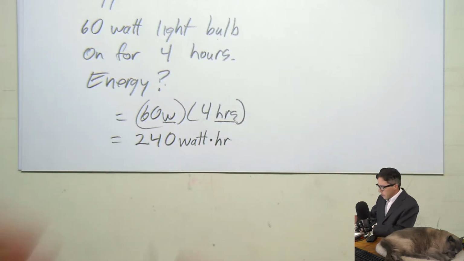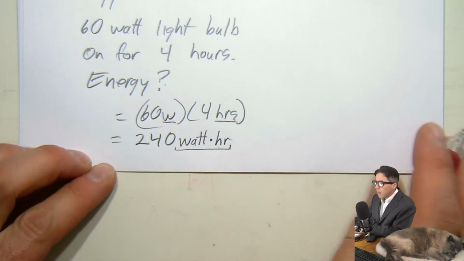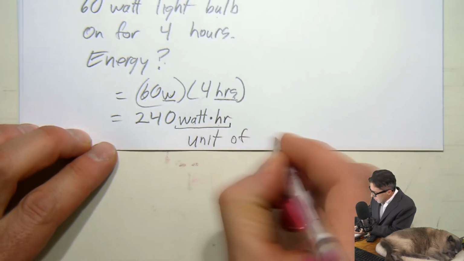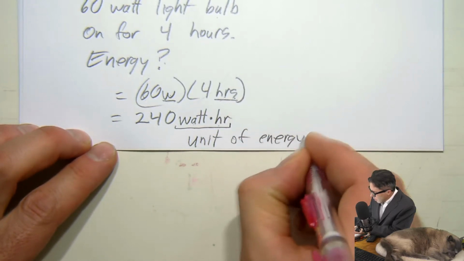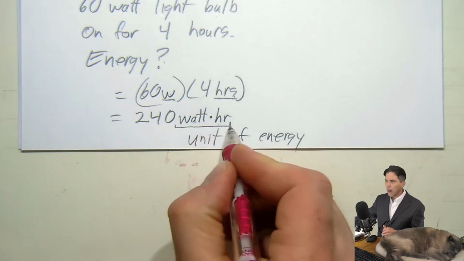So this watt hour is by itself the unit of energy. In physics there's a bunch of different units of energy. The one we're going to use in this class, and the only one we're going to use in this class, is something called the watt hour.